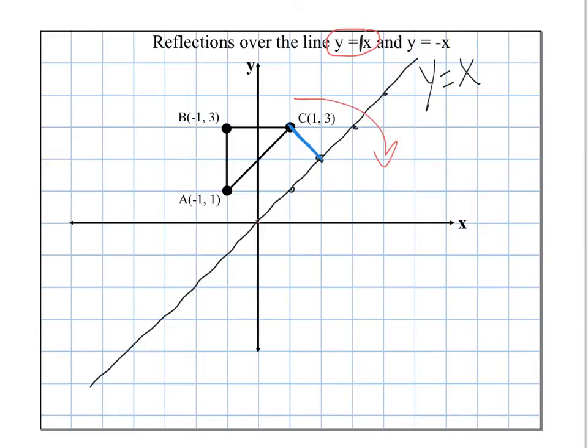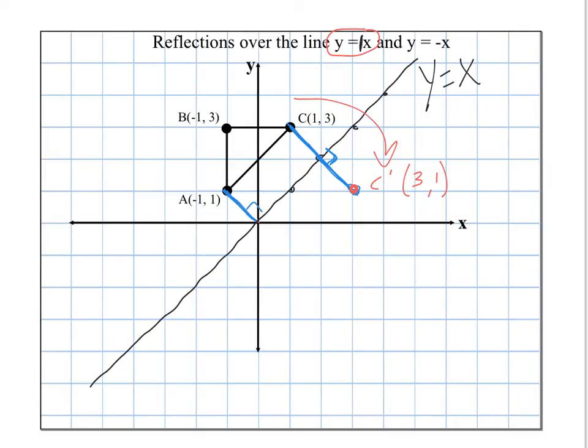And I'm going to go the same distance away, again being perpendicular to it. This would bring me to my new point C prime, which is 3, 1. I can do that with A as well. I'm going to draw that line perpendicular to the line of reflection.